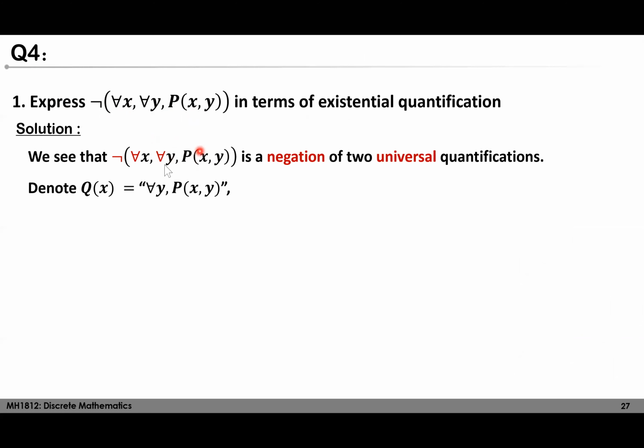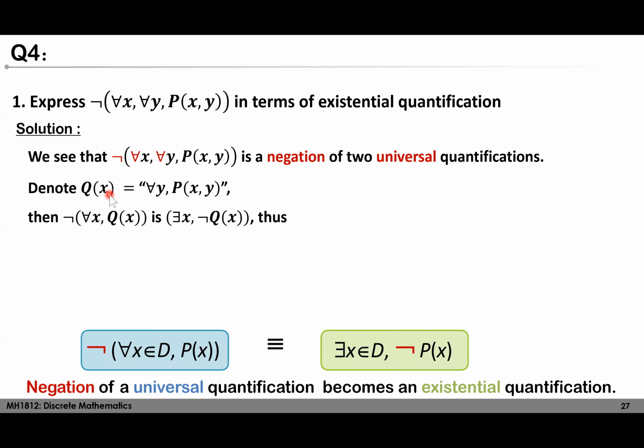So let's denote the inner universal quantification by a predicate Q of x. And we know the negation of a universal quantification is an existential quantification, and we should take negation for this predicate. So we translate this into this form.